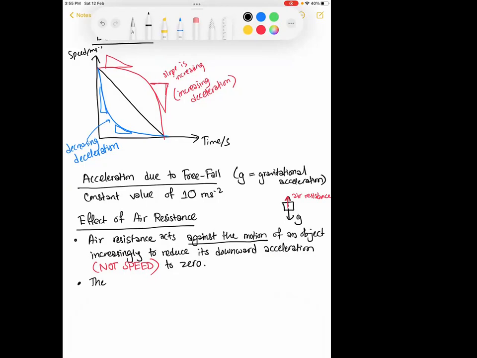Like how much resistance it's giving. Like you said, air resistance will increase or decrease when it becomes equal to the gravitational acceleration. We don't have any control over it.